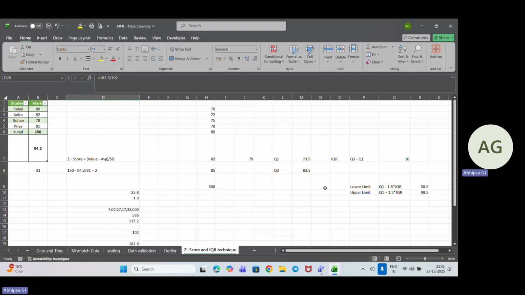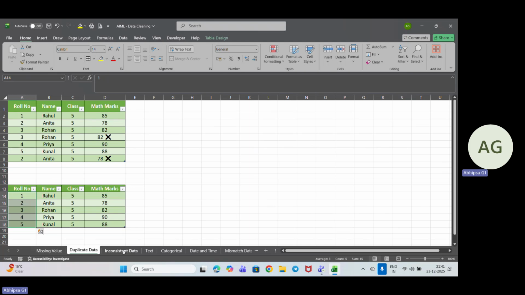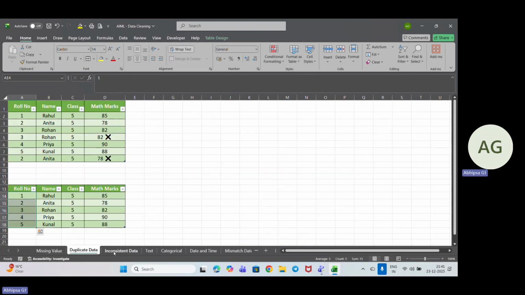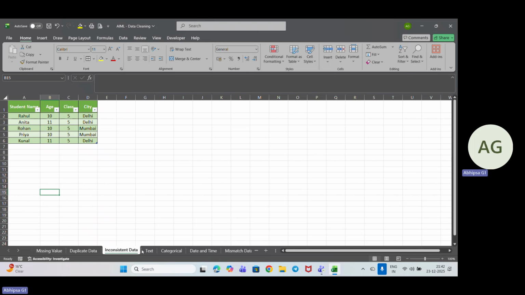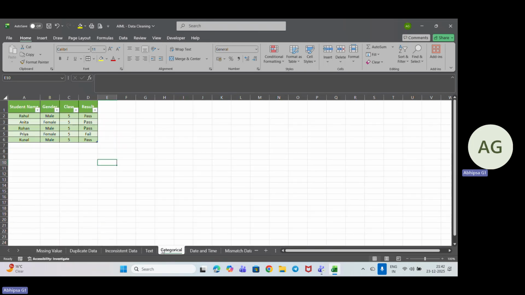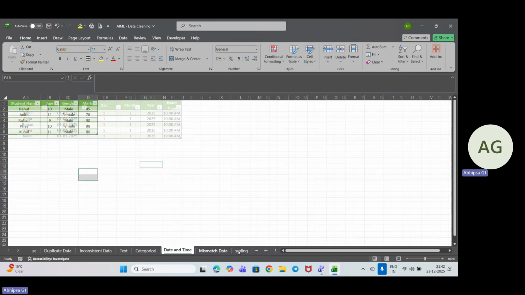Okay, so this is all about the steps of data cleaning and data pre-processing. That is handling missing values, handling duplicate data, handling inconsistency in the data, handling text data accurately, handling categorical data accurately, and date and time management in the data, so that the date and time can be extracted based on any parameter.